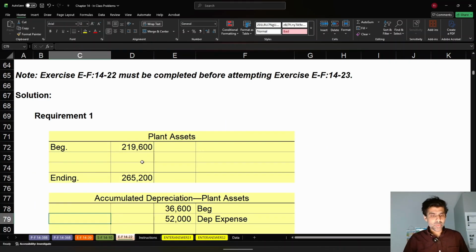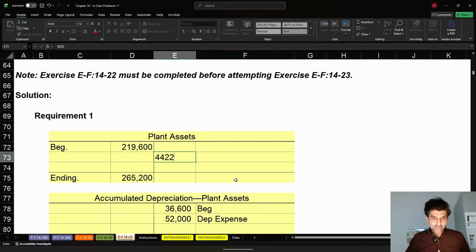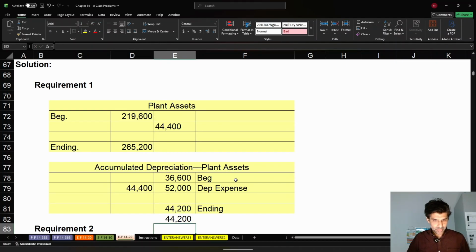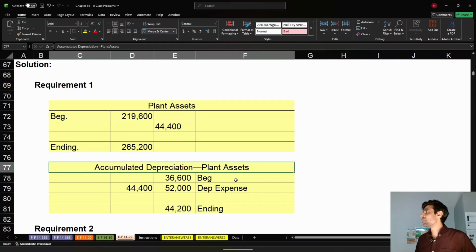Okay, so we do know though that we're getting rid of $44,400 of assets and also 44,400 of accumulated depreciation, right? Okay, so let's just make sure that this works. Yes, it works. So we now have completed accumulated depreciation in plant assets.